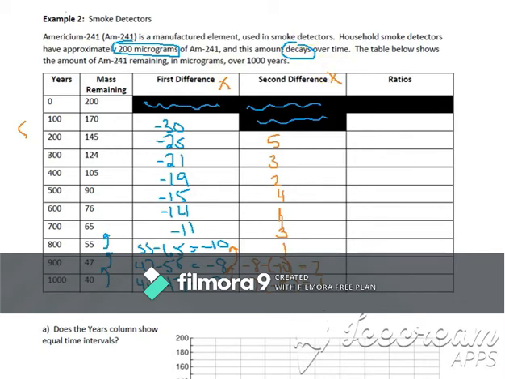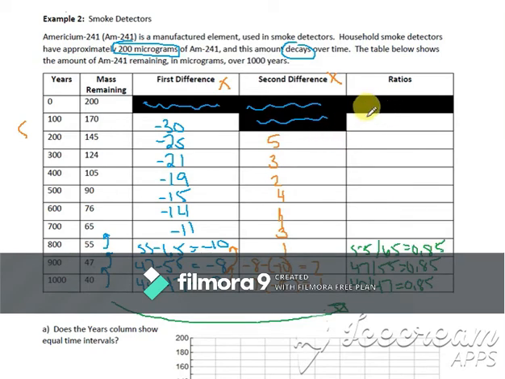What we can do here is go back to the y column and divide. So we're going to go 40 divided by 47. We get 0.85. 47 divided by 55, we get 0.85. 55 divided by 65, 0.85.